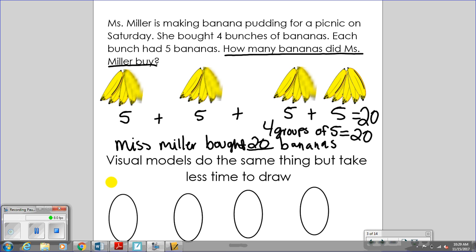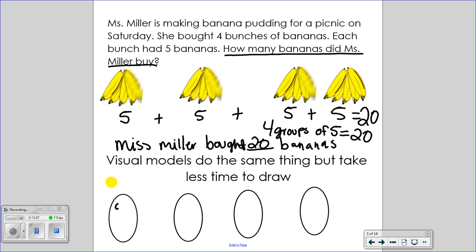Oh, that one's not going. We'll just do it this way. So I have 4 groups of 5, 4 bunches of 5 bananas.